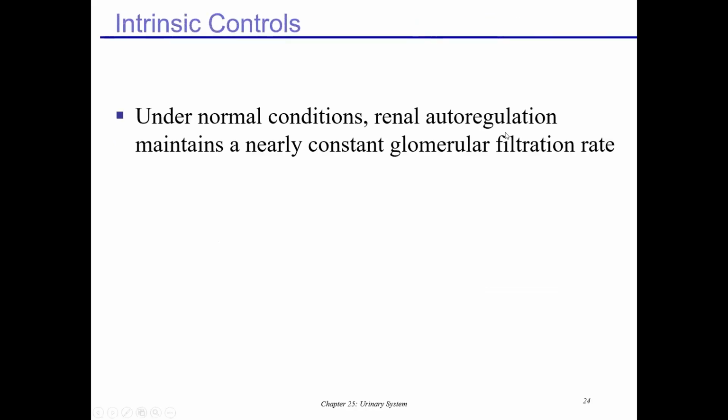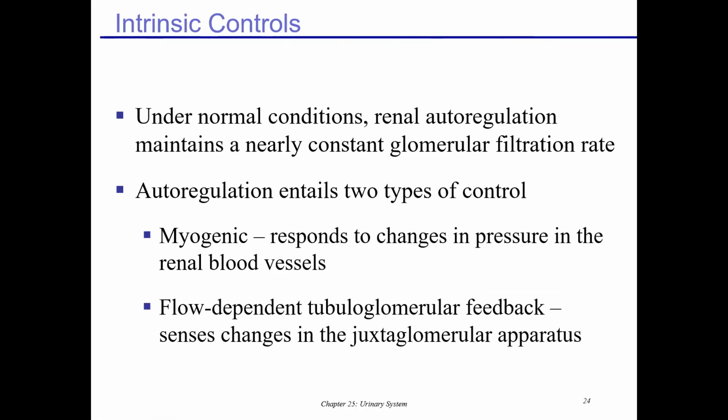Okay, so the intrinsic controls. The kidneys are controlling this themselves. Renal autoregulation maintains a constant GFR for us, which is really, really good. We have two different types of intrinsic controls.